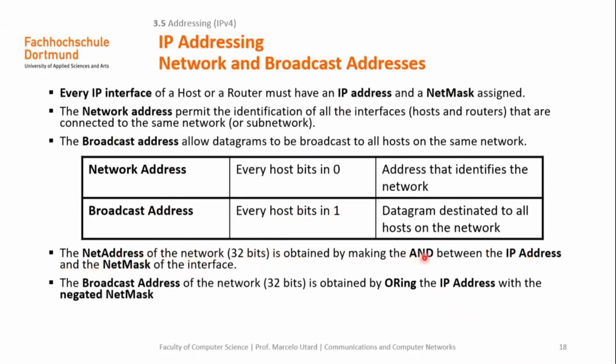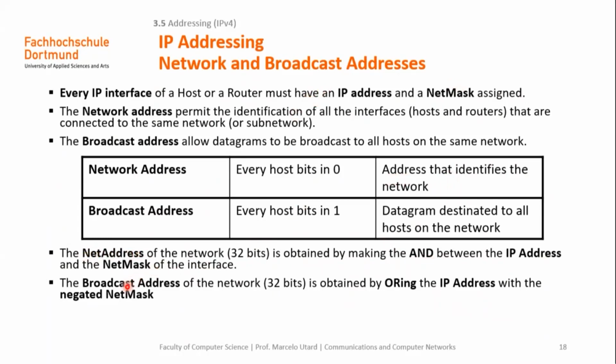It is a typical AND operation between two 32-bit numbers, the IP address and the netmask. The result of this AND operation is what we call the network address that identifies the network to which the interface is connected.